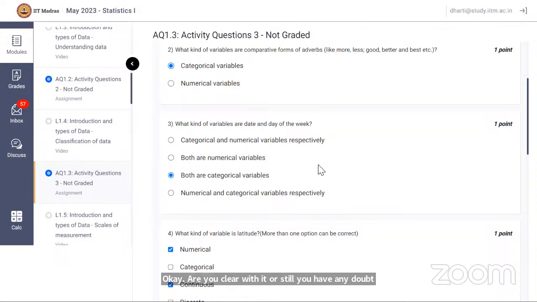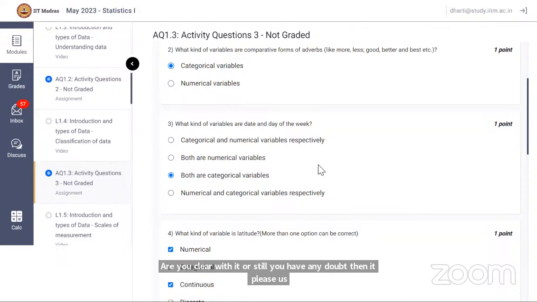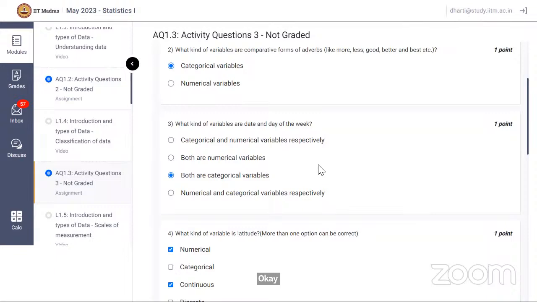Ma'am, just to confirm, are we implying that we can perform standard mathematical calculations on numerical data, but that is not possible on categorical? Sometimes some categorical variables are like that. You can perform some mathematical operations on them, but they are still categorical variables.